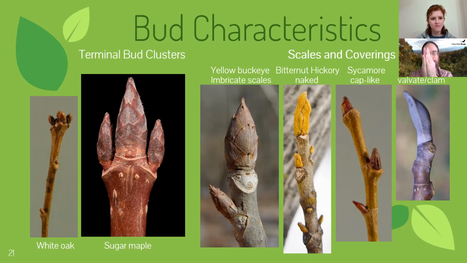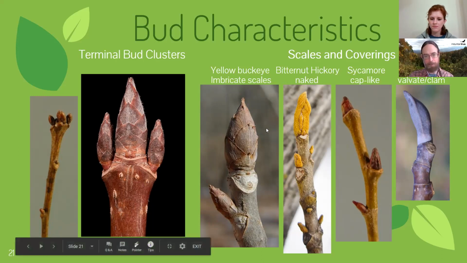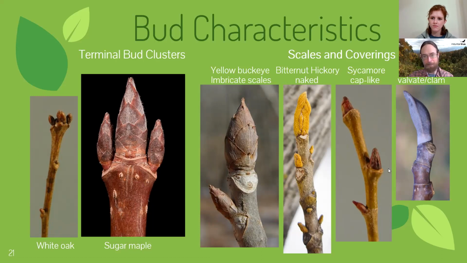It almost looks like two hands praying. Sycamore, on the other hand, has a cap-like appearance. You don't see those overlapping scales, but you see this cap-like appearance. So this is another one that you might develop some sort of association with. I'm not quite getting what that might remind me of, but it's pretty unusual, that sycamore shape.